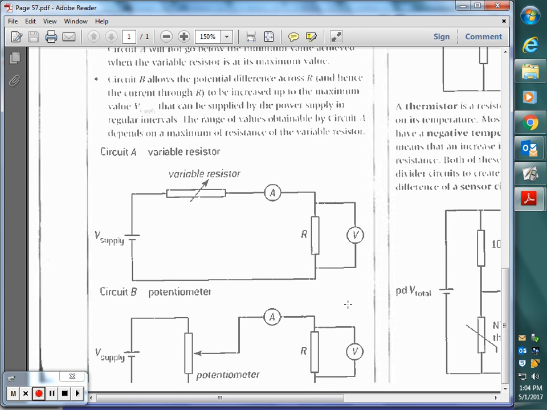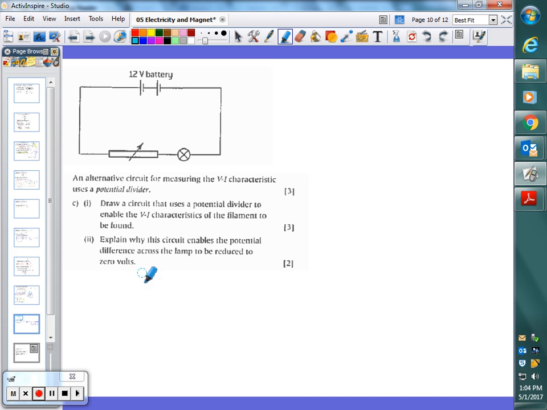Okay? So the question says, draw a circuit that uses a potential divider to enable the VI characteristics of the filament to be found. So instead of using this variable resistor, we put in the potentiometer. And so the picture looks exactly like we just had.